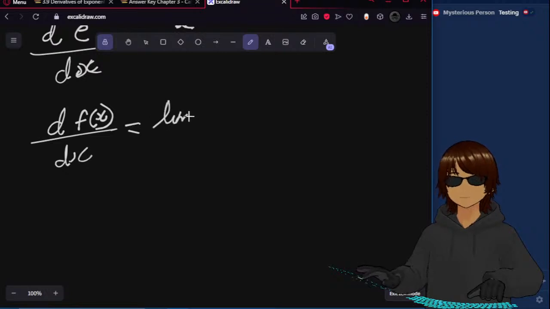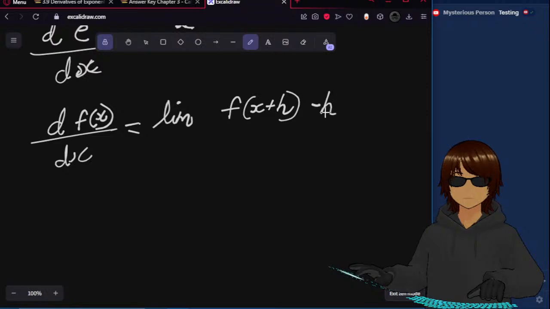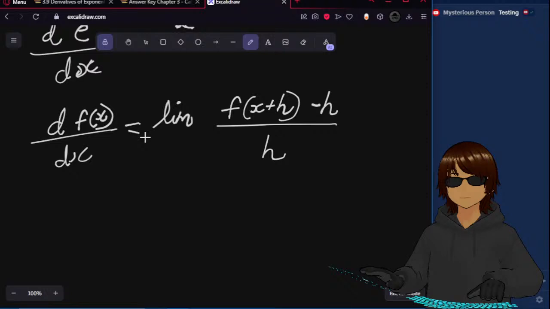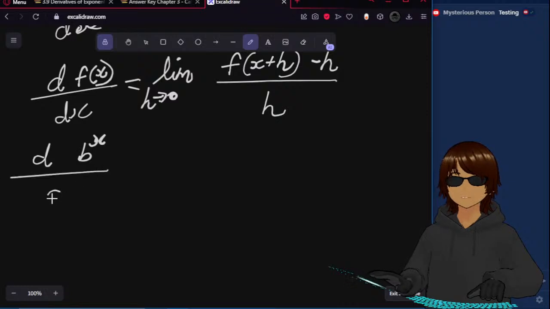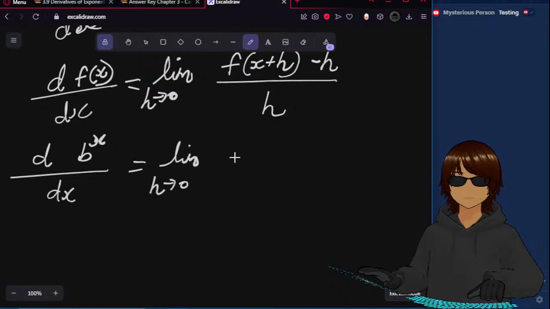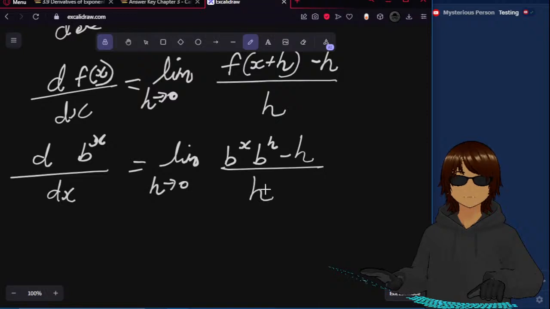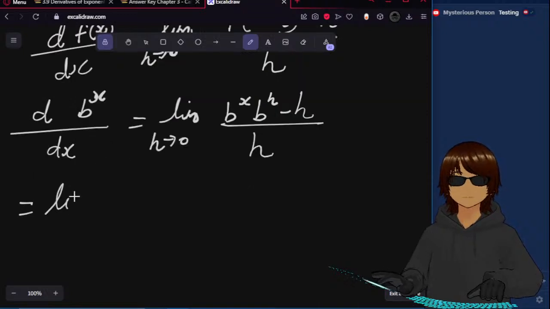Derivative of f of x is a limit as h approaches 0. Now if we do b of x is then equal to, because b to the power 0 is just 1.